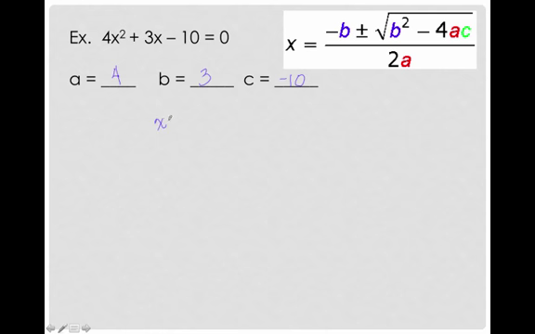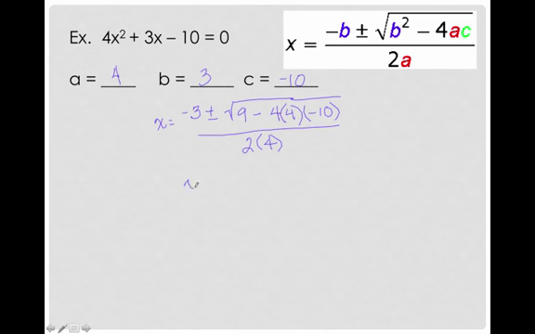So I've got x equals negative b, and my b is 3, so negative 3, plus or minus the square root of b squared, so 3 squared, or 9, minus 4 times the value for a, which is 4, times the value of c, which was negative 10, all over 2 times the value of a, which is 4.